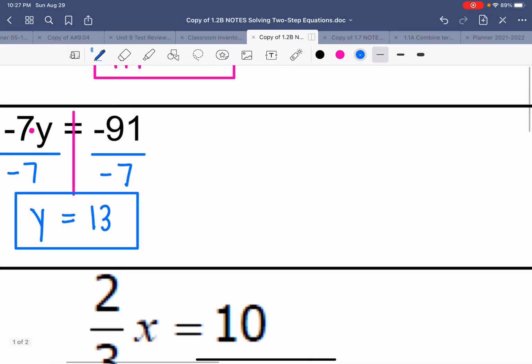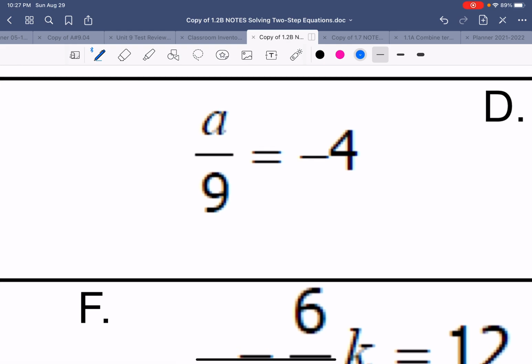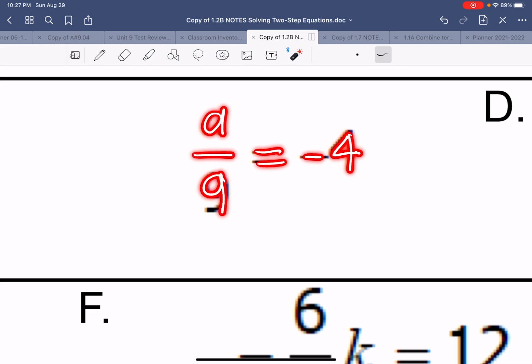This one over here is a little tricky. We see that this equation says a divided by 9 equals negative 4. Whenever the variable is inside of the fraction, it's being divided by a number.